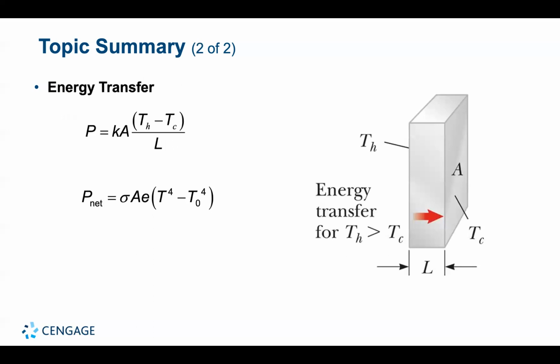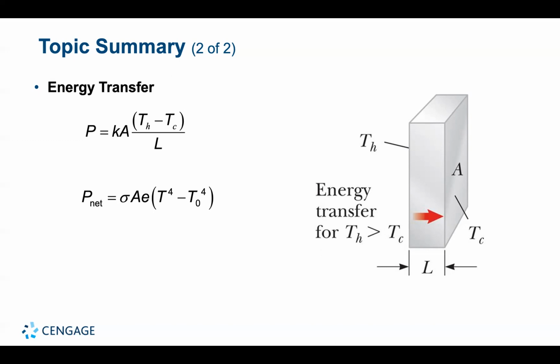For energy transfer, energy can be transferred by several different processes, including work and by conduction, convection, and radiation. Conduction can be viewed as the exchange of kinetic energy between colliding molecules or electrons. The rate at which energy transfers by conduction through a slab of area A and thickness L is given here, where K is the thermal conductivity of the material making up the slab.